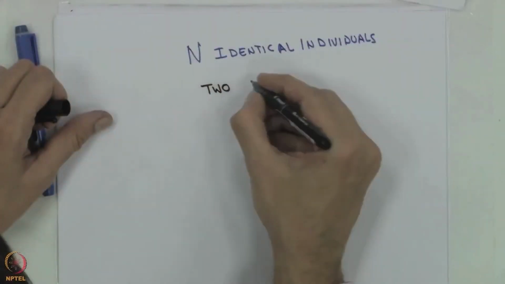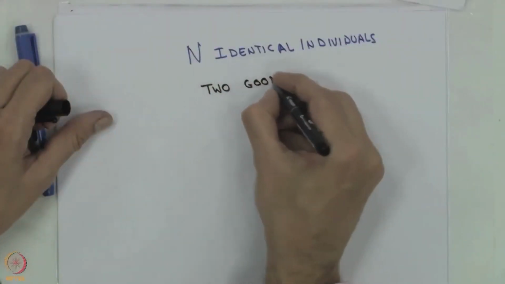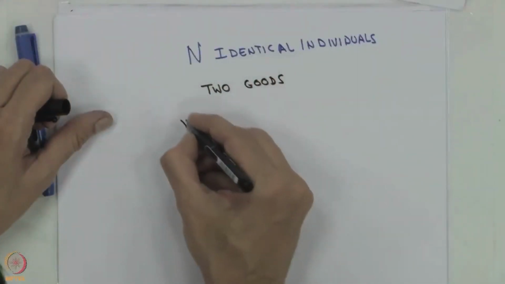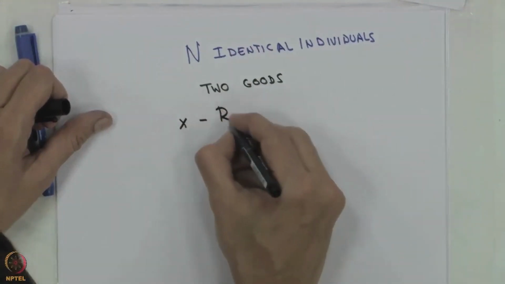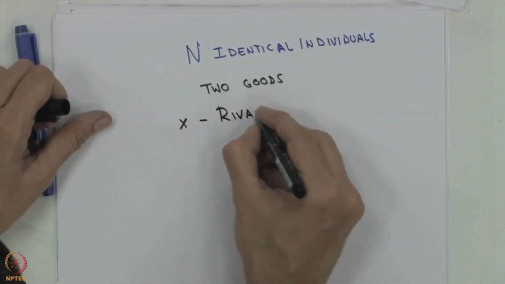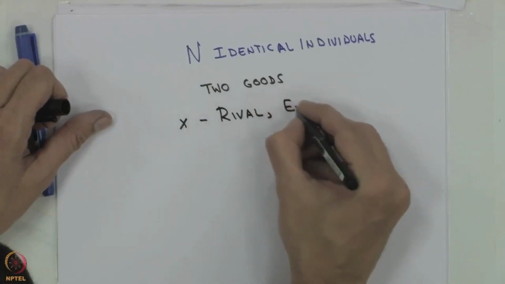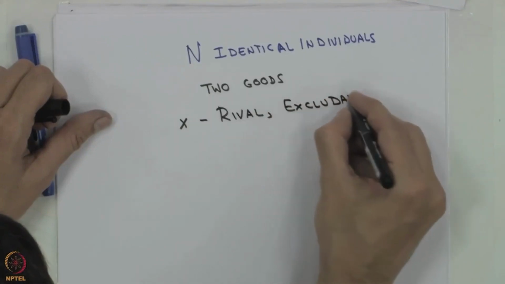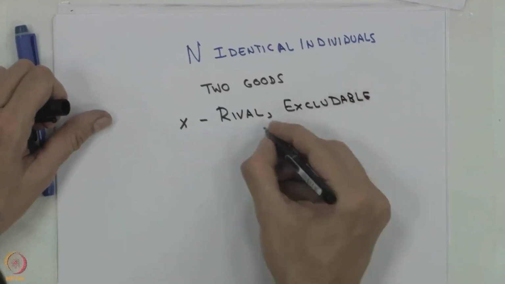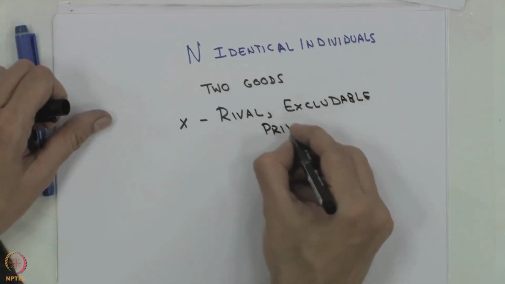So each individual can consume two goods. One is X, which is a rival, excludable, private good.